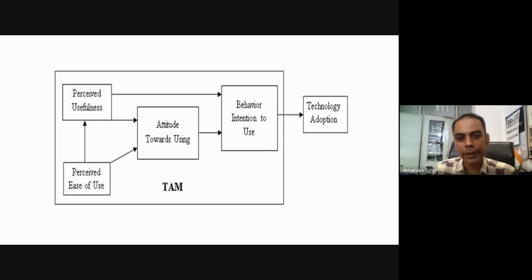Otherwise you have spent your hard-earned money and you didn't have a best buy. If I am aware of the factors that will impact my actual use of a particular technology in a given scenario, I will be in a position to make a good comparison and a better buying decision. So it is important from both perspectives: either we are on the creation side or on the user side.